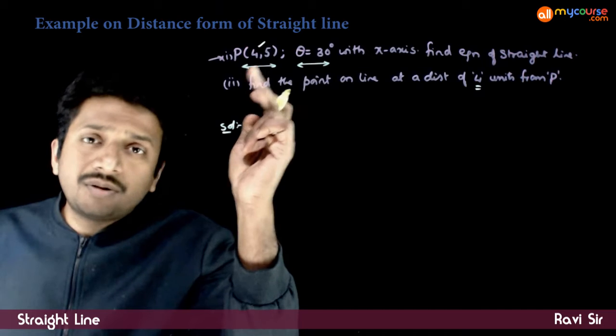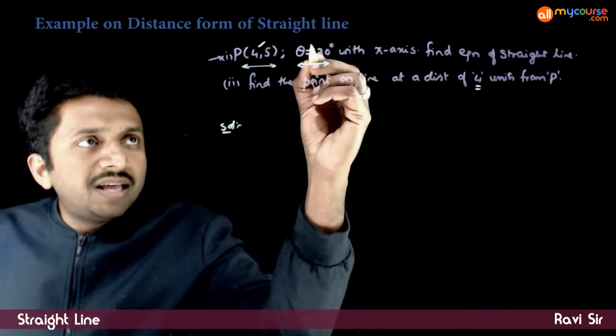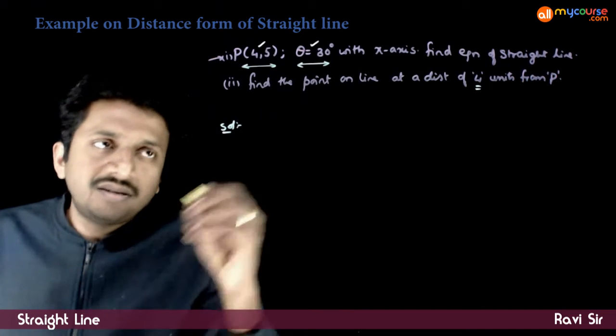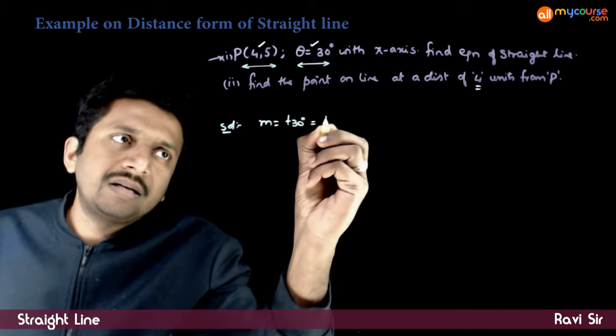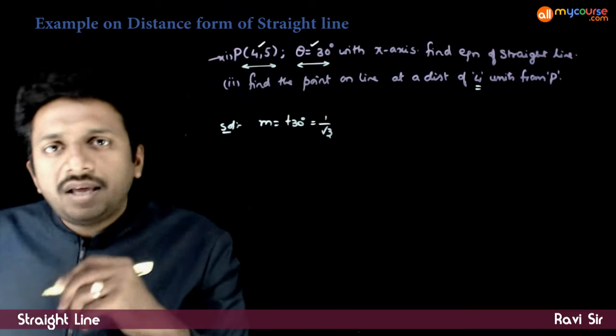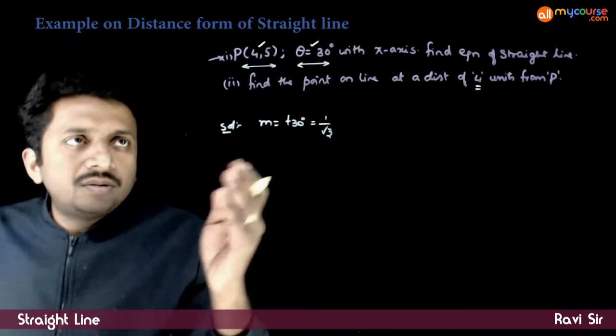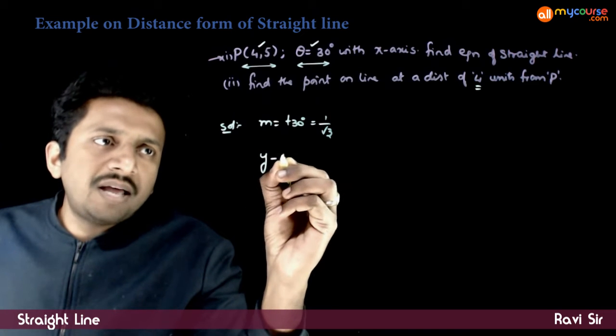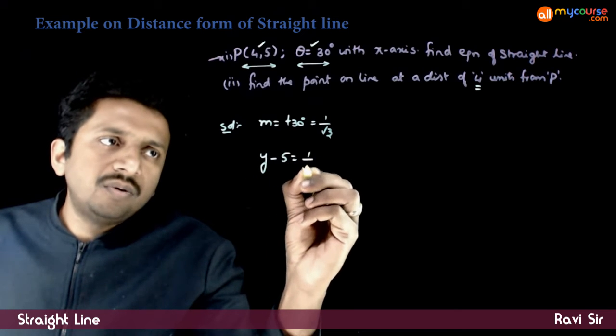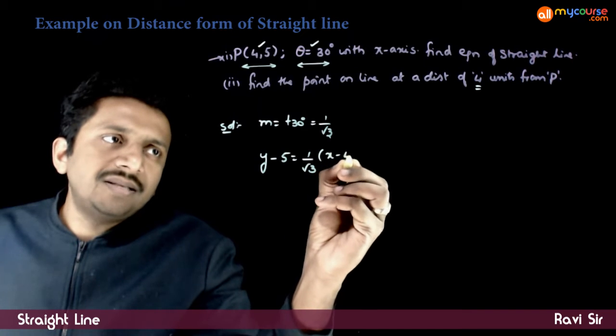So again, the first question is very straightforward. The line is passing through the point (4, 5) and it is making an angle of 30 degrees with the x-axis. The slope is nothing but tan 30 degrees, which is equal to 1 by root 3. So once you have the slope and a point, the equation of the line is y minus y1 is equal to m into x minus x1.